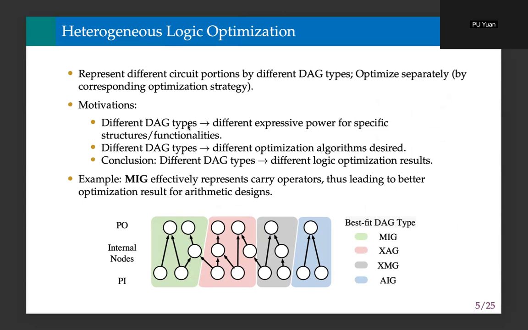The motivation is that different DAG types demonstrate different expressive power for specific structures or functionalities, which leads to different logic optimization results. One example is that the MIG type effectively represents the carry operators, and so it leads to better optimization results compared with other representations.